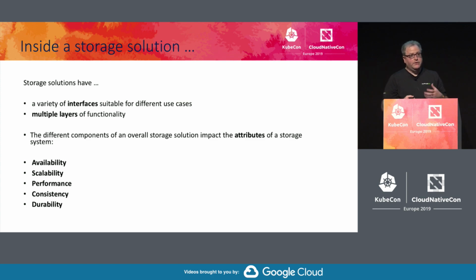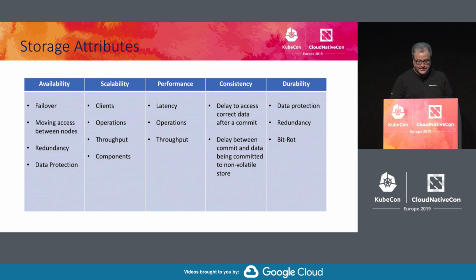So we wanted to look at the different interfaces that different storage systems have, and look at the different attributes of a storage system. We focused on 5 main attributes: availability, scalability, performance, consistency, and durability, because these are the things that a lot of people perhaps don't fully understand or maybe take for granted in some cases.